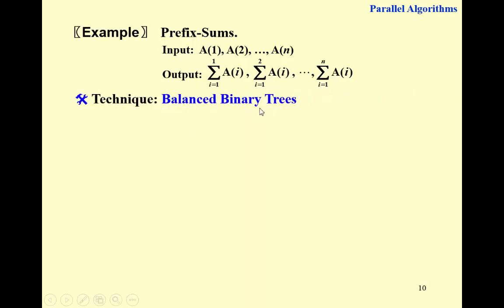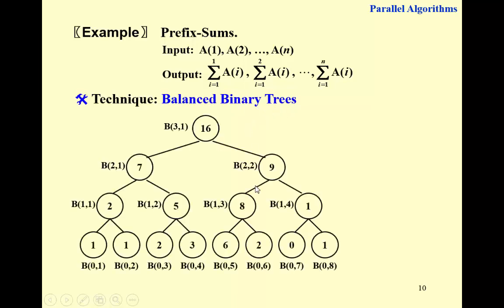Use balanced binary trees. So first of all, let's build this tree from bottom up. This is the same tree as for the summation problem, alright? And now let's observe which of these numbers already correspond to some prefix sums.